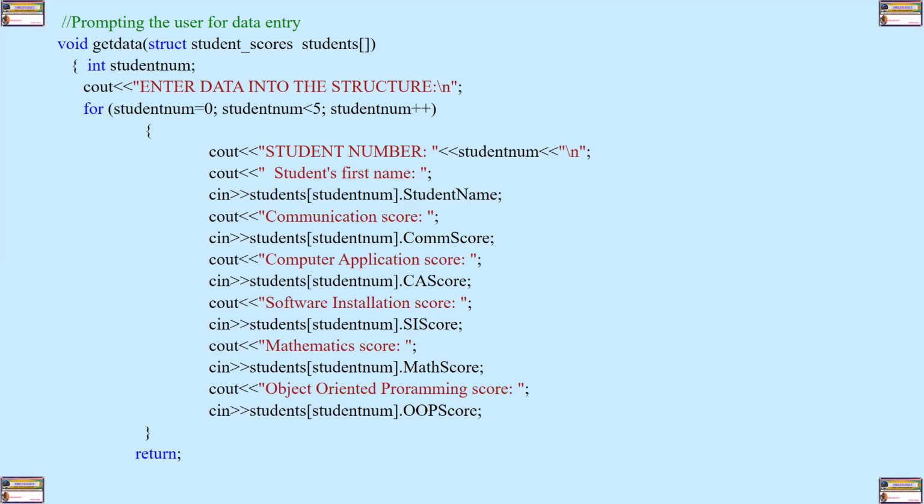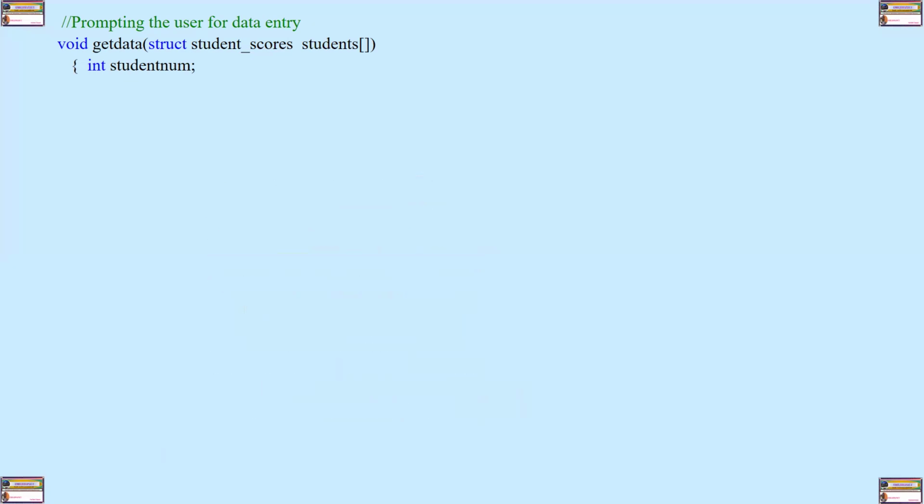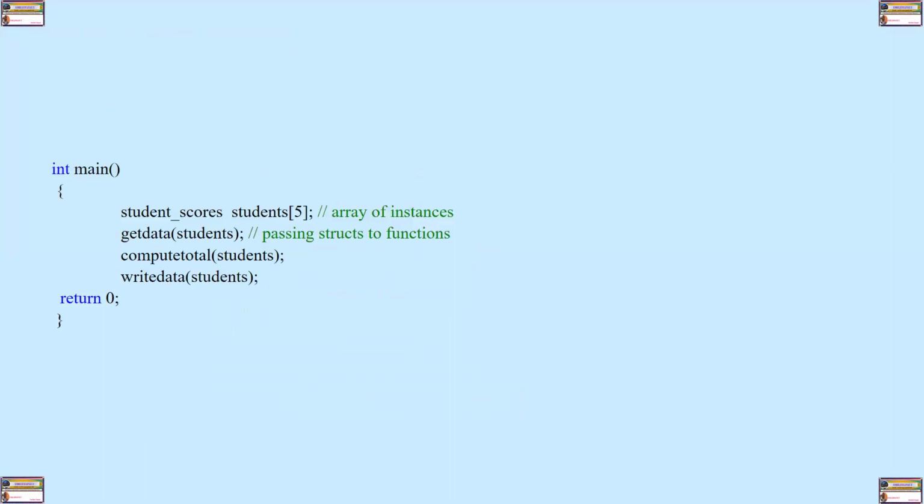Then we have return there. So by the end of this brace here, our structure already contains data. Once the return statement is executed, the compiler goes and continues from where it left off. So the next function to be executed is compute total.